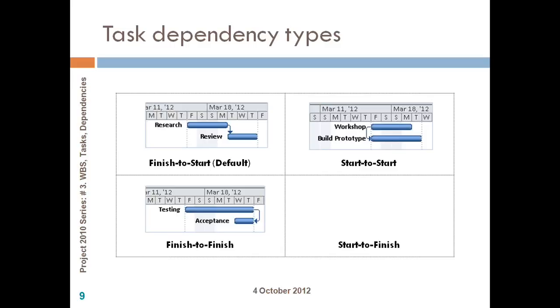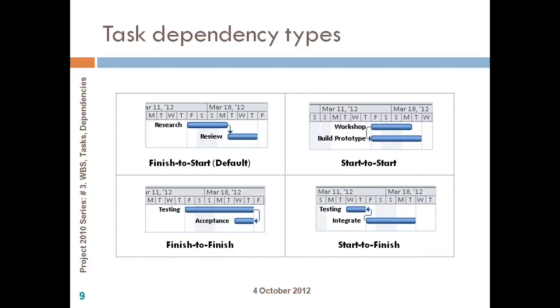So nothing is happening in the past or in the future. Both are parallel tasks. The workshop is driving the prototype development, so the workshop is the predecessor, whereas building prototype is my successor. If you look at the finish to finish, my testing is my predecessor, my acceptance is my successor, which means if my testing is going to be late, naturally my acceptance is also going to finish late, which is both are tied on a finish to finish dependency.